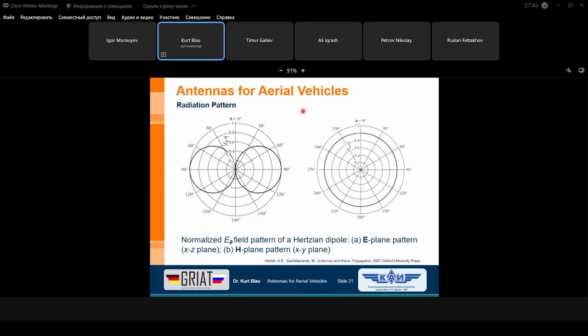You will understand it in more detail later, because in the last part of this lesson we also come to possibilities for how to measure an antenna.